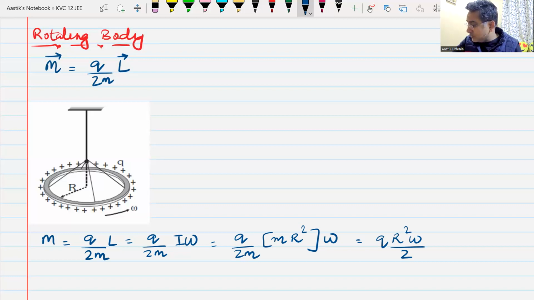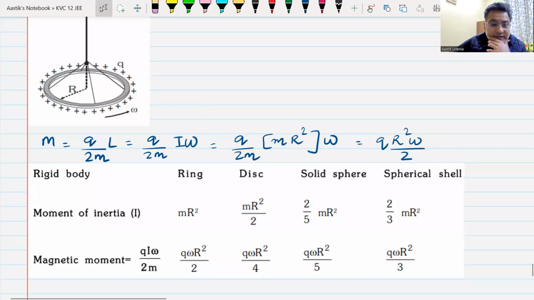Sir. Now, what I'm giving you is a table of all these common rotating bodies with their moment of inertia and their angular momentum. It is just a revision of what we have already done, so I will ask you to kindly note it down.